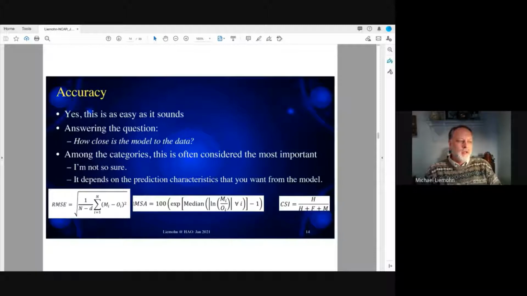And then this one right here, the median symmetric accuracy, is one that I really like for space physics, especially when things are highly dynamic and changing over orders of magnitude, because this one isn't susceptible to the outliers of the difference here. This one is taking a median of that difference, and it's using logs so that it treats all decades equally. So I like this one when I'm comparing things like fluxes, for instance.